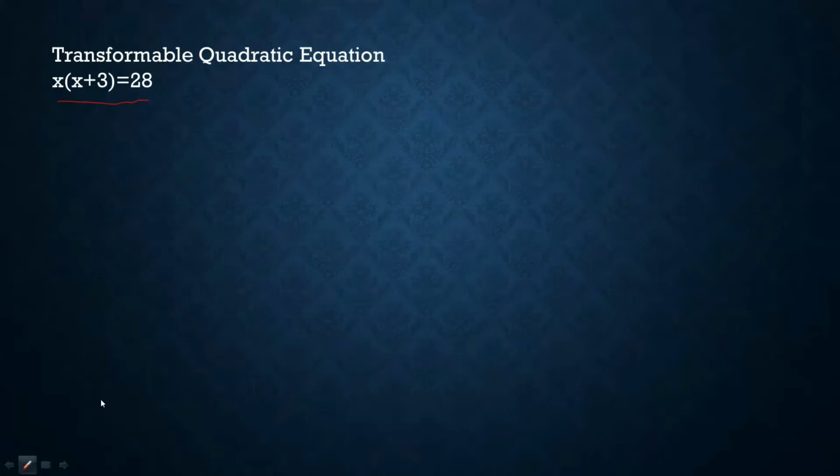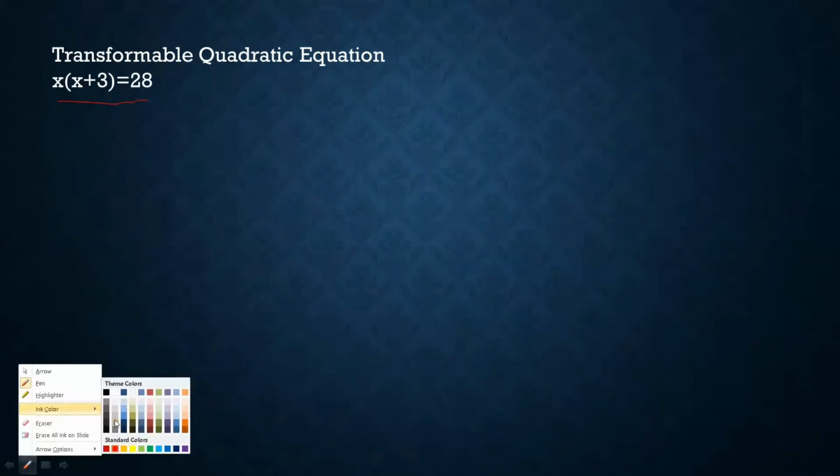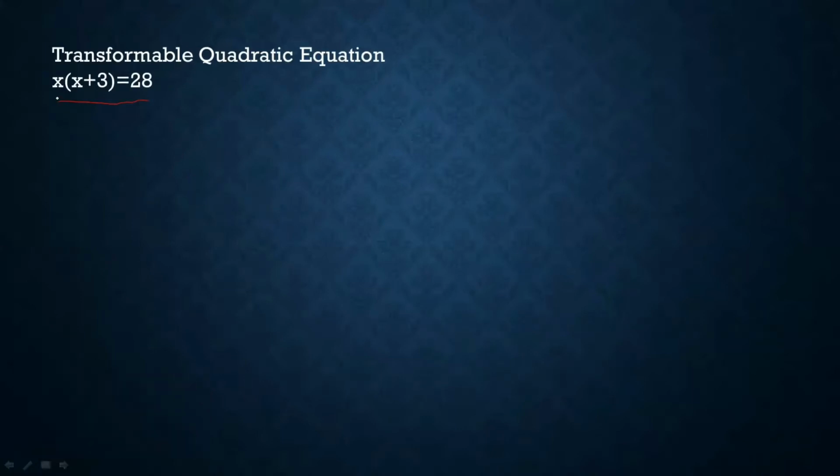So we are going to simplify this equation. So it becomes, you are going to use the distributive, or you are going to distribute x to the binomial that we have. So x times x, it becomes x squared. Then x times positive 3, it is equal to positive 3x. And then equal siya sa 28.